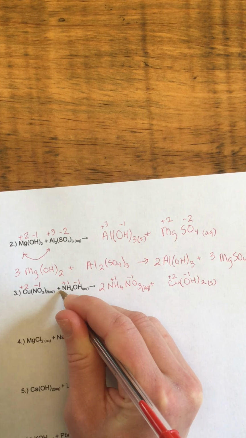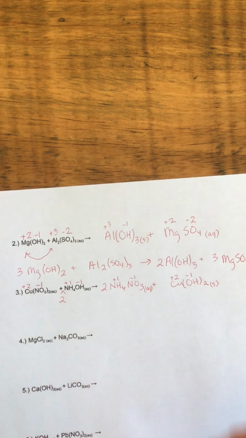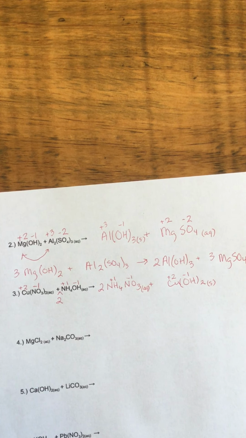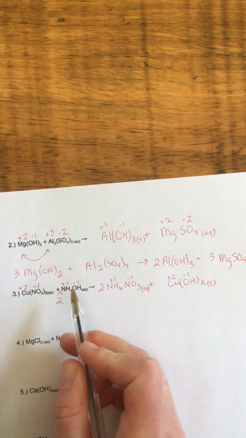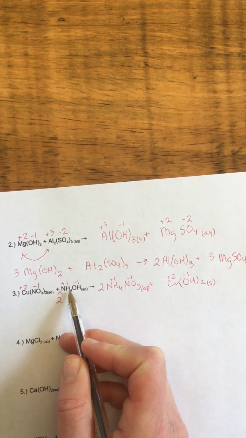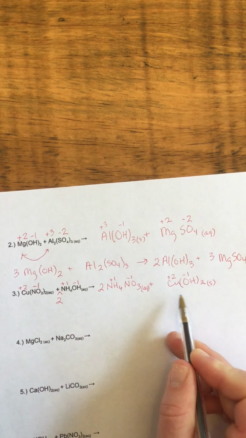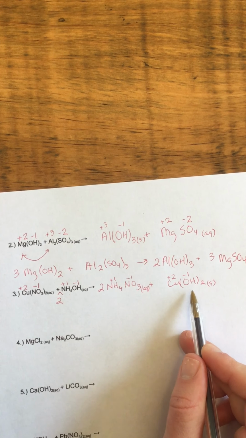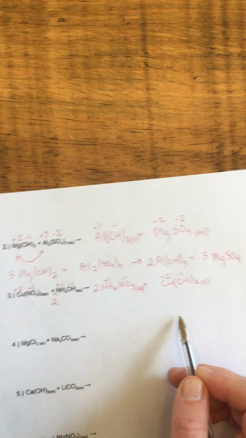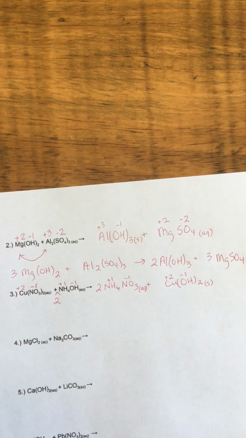So in here, I'm just going to insert that I would put a 2 as the coefficient since I don't have enough space. But there would be 2 ammoniums, also doubling the number of hydroxide groups. And over here that works because we have 2 hydroxide groups. So that one was fairly simple to balance.